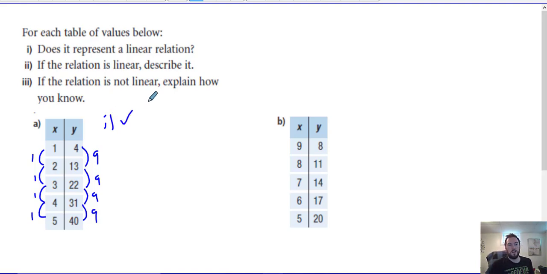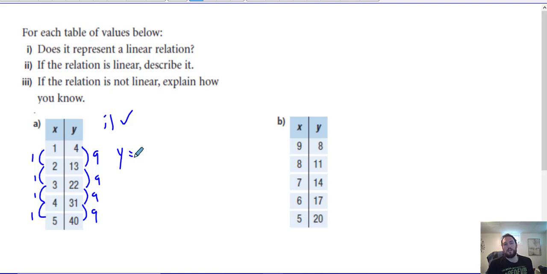If it's a linear relation, describe it. So when it says to describe it, really what it's looking for, it's asking you to write out the equation. So how do x and y relate to each other? So again, we talked about in the last video how when I'm looking at this rate of change, I'm seeing that we're adding 9, we're adding 9, we're adding 9, we're adding 9. So even though I don't know what the thing that is constant is yet, I do know what is happening.